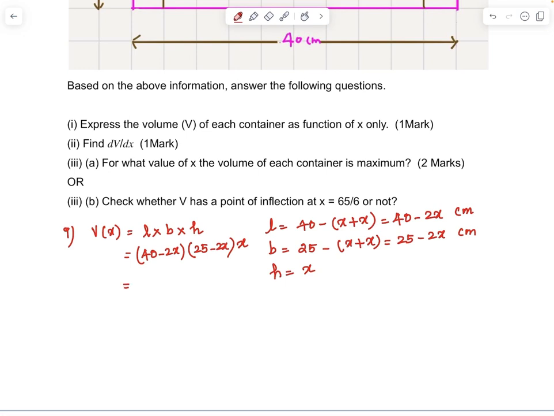On expanding this, 1000 minus 50x minus 80x plus 4x square, times x, which is 1000x minus 130x square plus 4x cube.